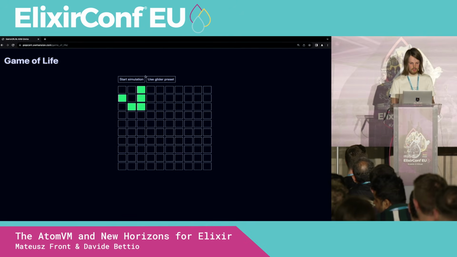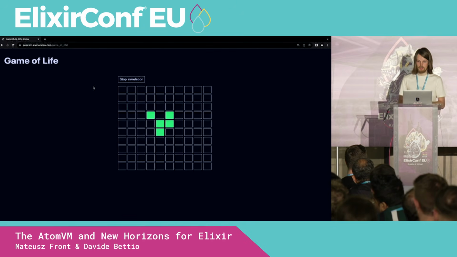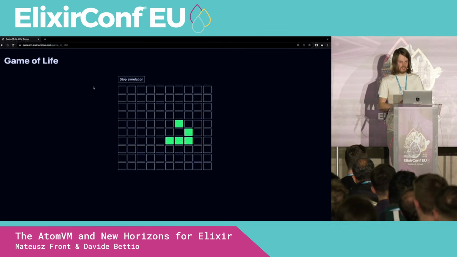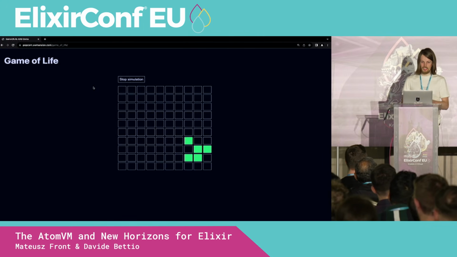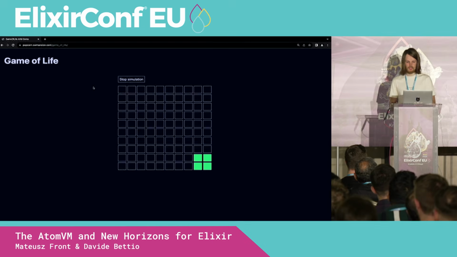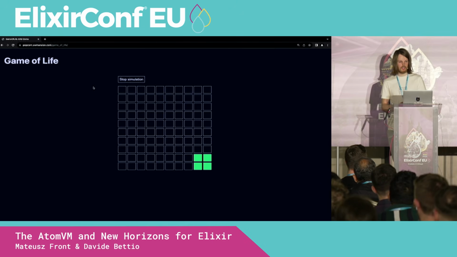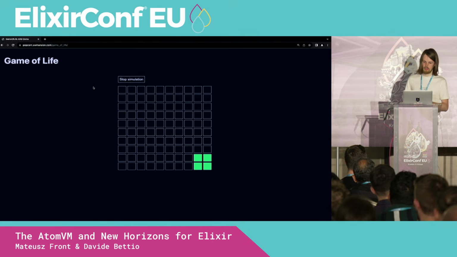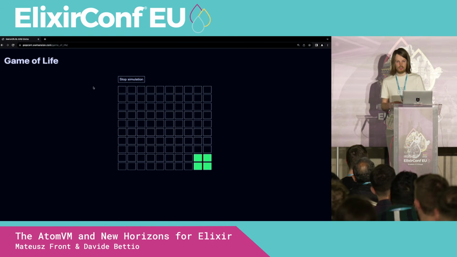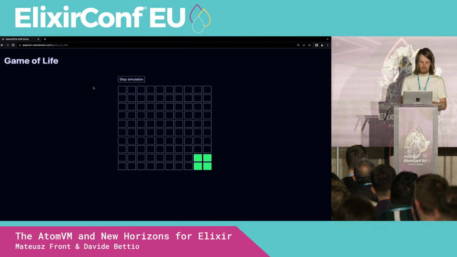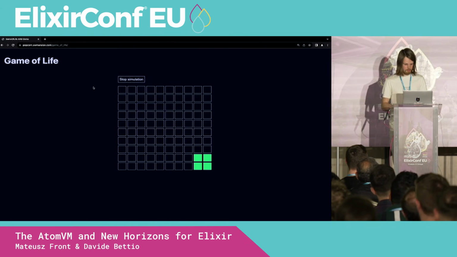So we can do pretty interesting things on top of that. This is Turing complete, by the way, as far as I know. But the interesting part about this particular demo is that each of these cells is represented by a GenServer, and they are communicating with each other to update their state. So we have supervisors, GenServers, registry, all that working in Elixir, in WASM, in your browser.